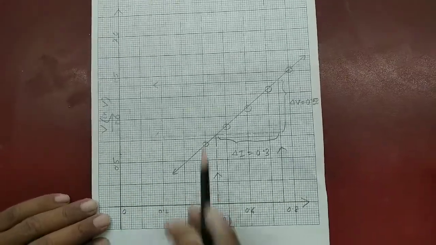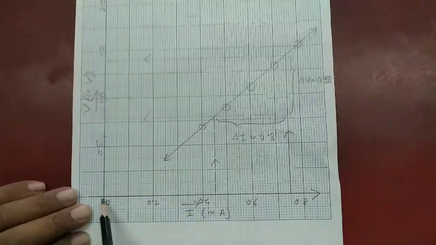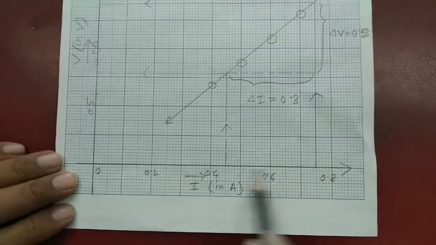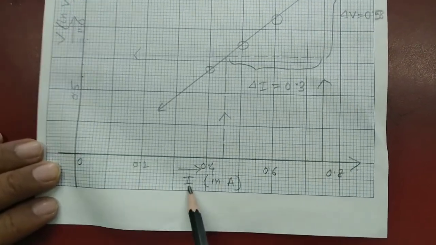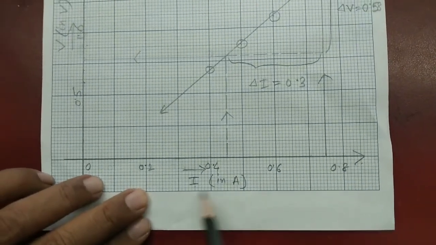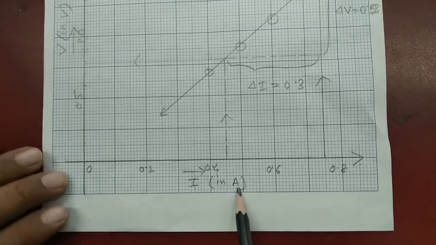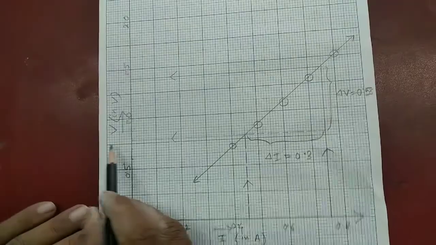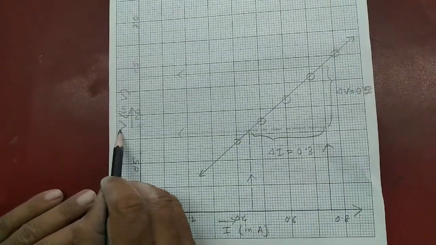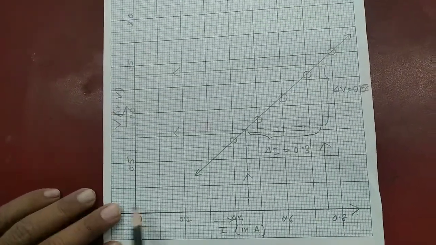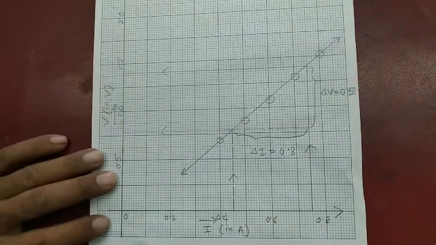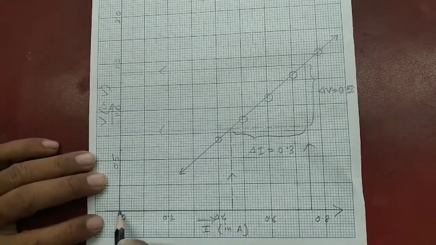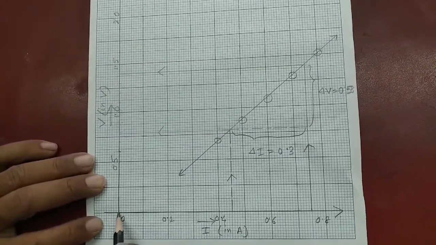On the graph paper we have plotted along the x-axis the value of ammeter reading I in ampere, whereas along the y-axis we have plotted voltage in volt. The origin is considered here as 0, 0.